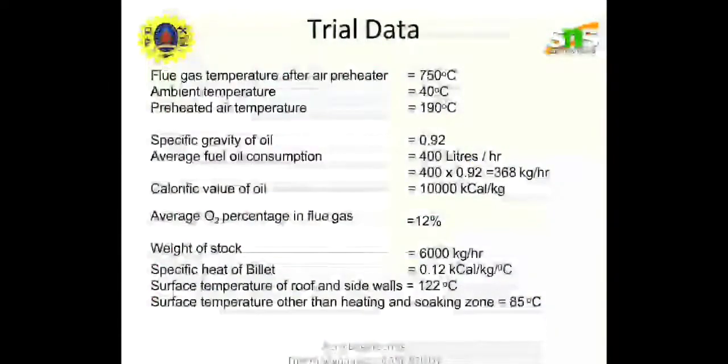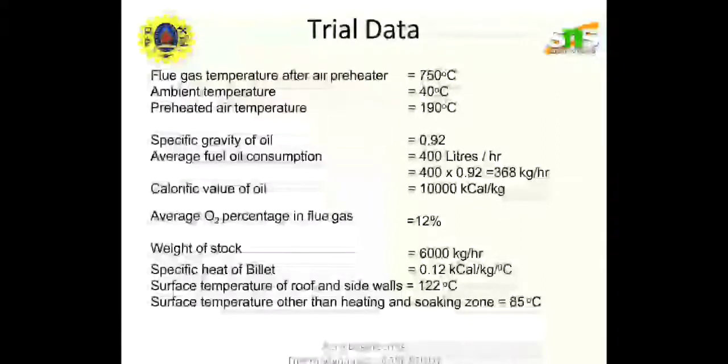This is the trial data from this case study. Flue gas temperature after air preheater is 750 degrees Celsius and ambient temperature is 40 degrees Celsius. Preheated air temperature is 190 degrees Celsius. Specific gravity of oil is 0.92. Average fuel oil consumption is 400 liters per hour, calculated as 368 kg per hour.